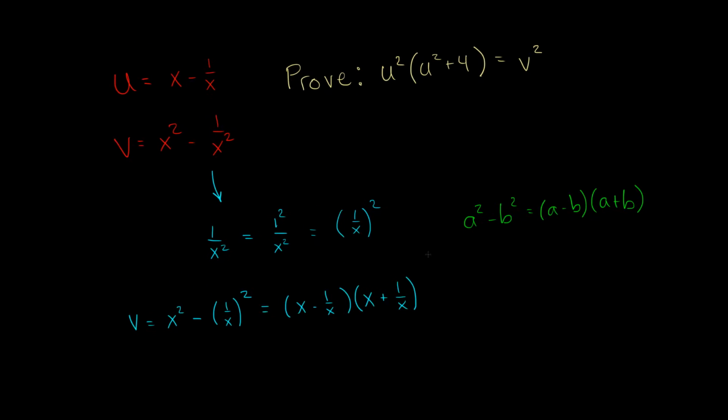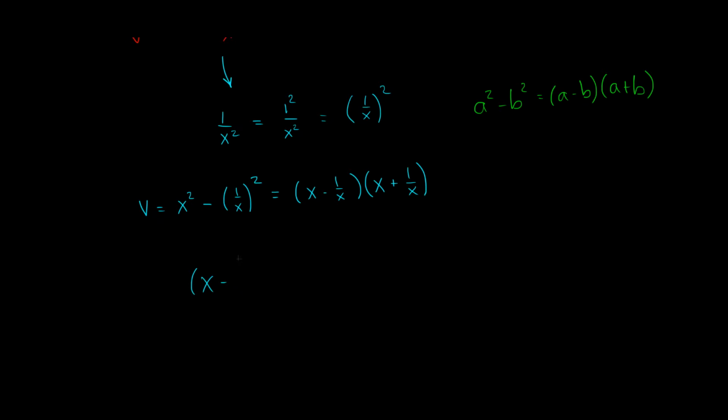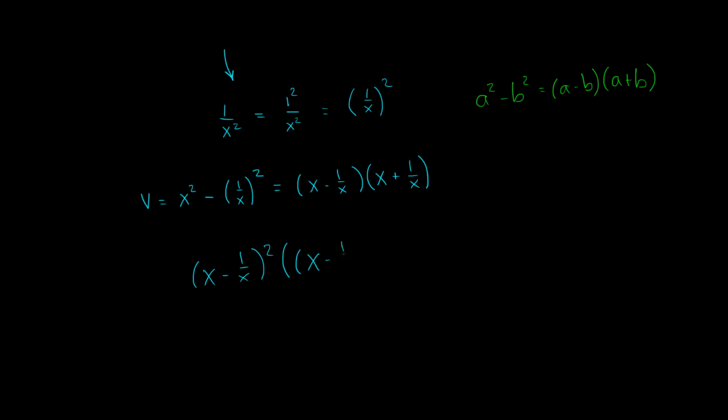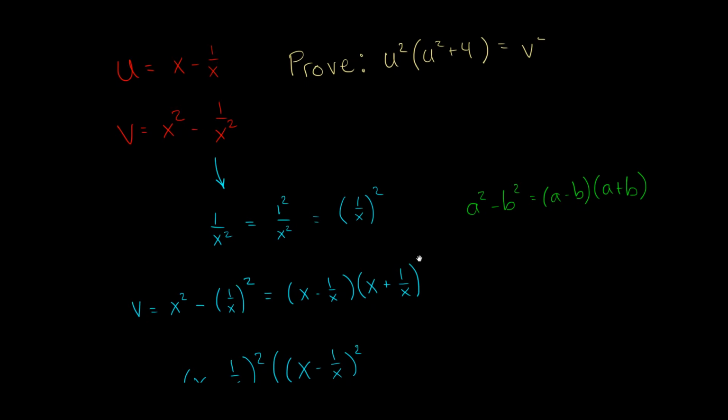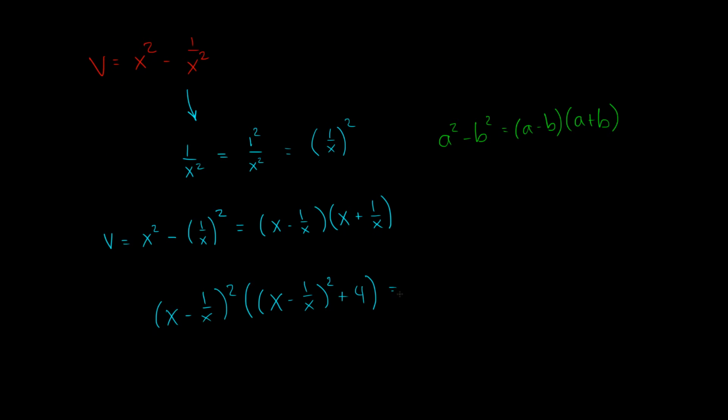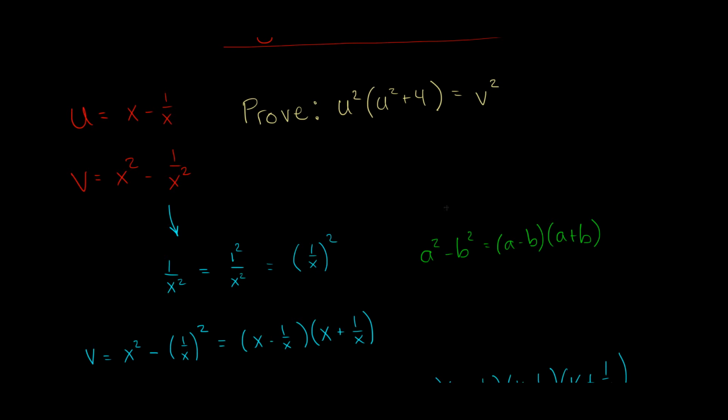So we have u squared, so we have this thing squared, x minus 1 over x squared, times, again, x minus 1 over x squared plus 4, and now we're going to set that equal to, I'm going to write x minus 1 over x, x plus 1 over x, x minus 1 over x, x plus 1 over x. And the reason I wrote it twice is because here we have v squared.